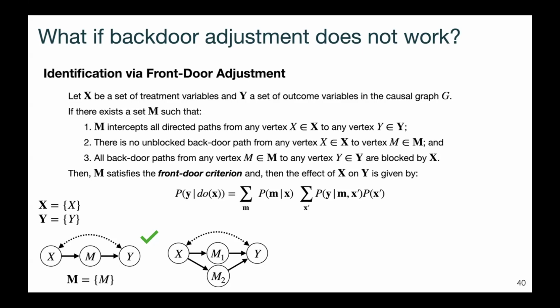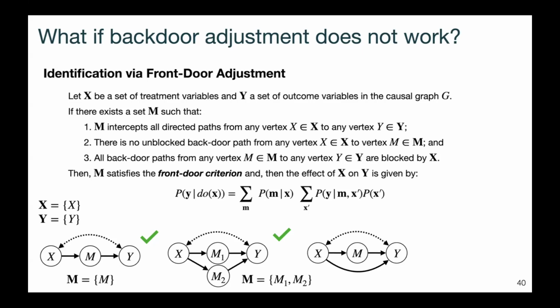So the effect of M1 on Y, I can block the confounding path through X. So this is fine. And the other, I can also have this path blocked by just conditioning on X. This other path here is also blocked by conditioning on M, but you look at both at the same time. So M1 and M2 works for this front door adjustment.